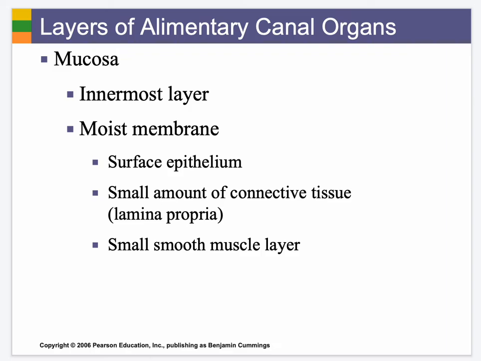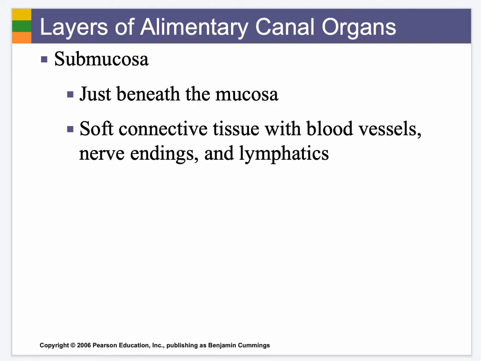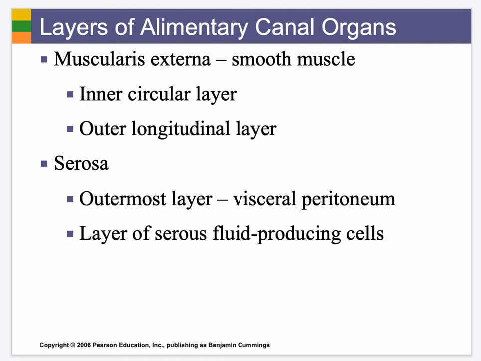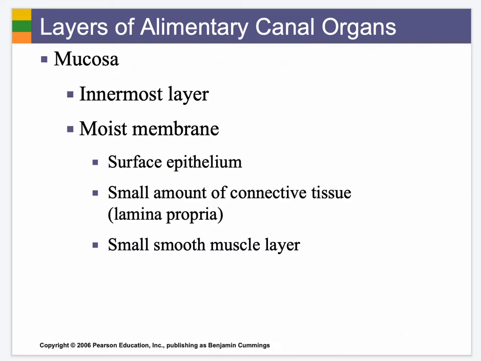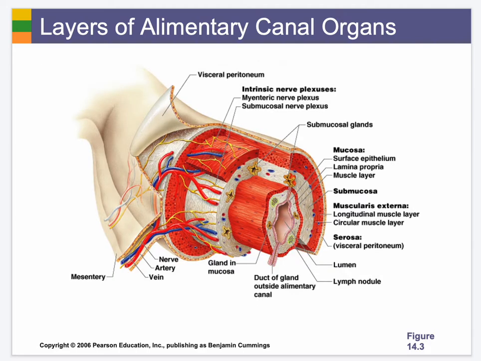The layers of your alimentary canal organs: first, your mucosa, your submucosa, then your muscularis externa, then your serosa. First, we have your mucosa, the innermost layer, a moist membrane. Meron siyang surface epithelium, a small amount of connective tissue called lamina propria, and a small, smooth muscle layer.